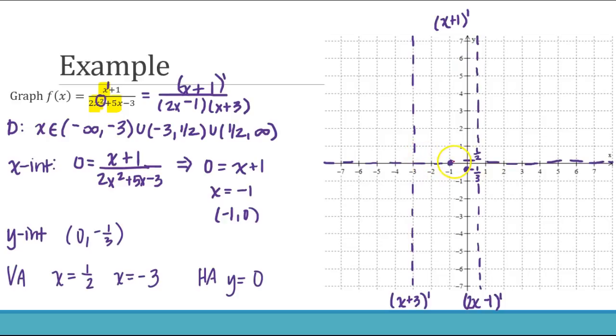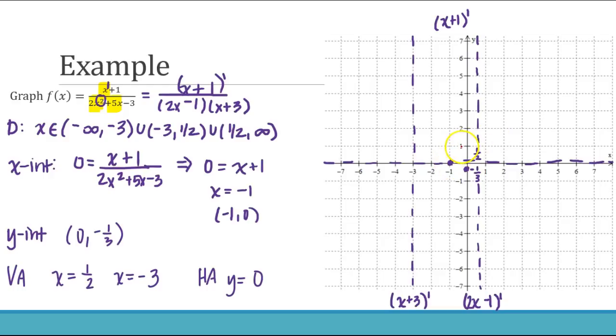Now, I'm going to go to the part where I have some information. I have some points on the graph. I have this point at negative 1 and this point at negative 1/3 on the y-axis. So since x plus 1 to the first power was the factor that gave me my x-intercept, because the multiplicity is 1, as we know from previous sections, we would cross or cut through the x-axis at that x-intercept.